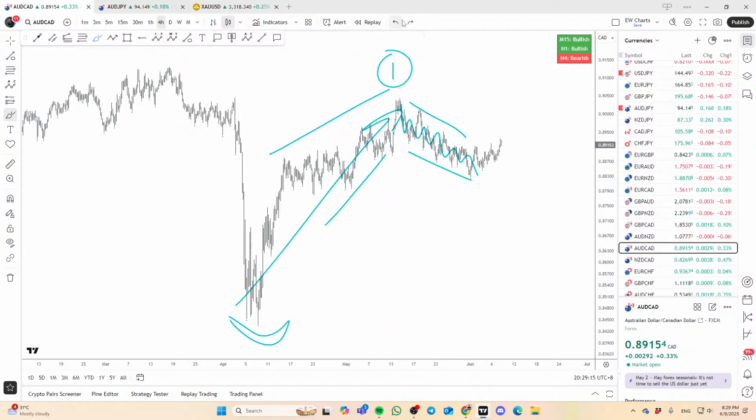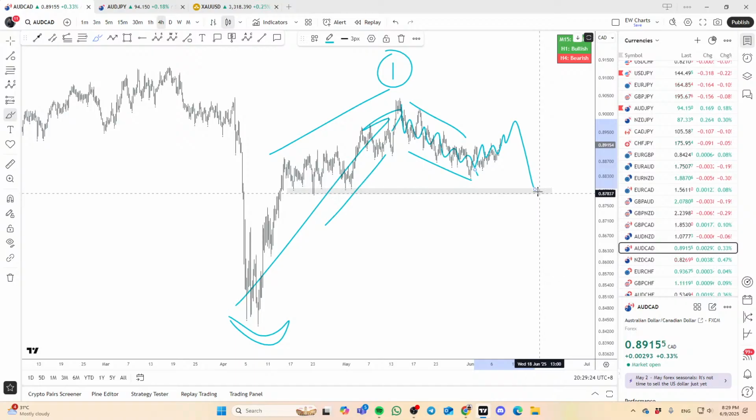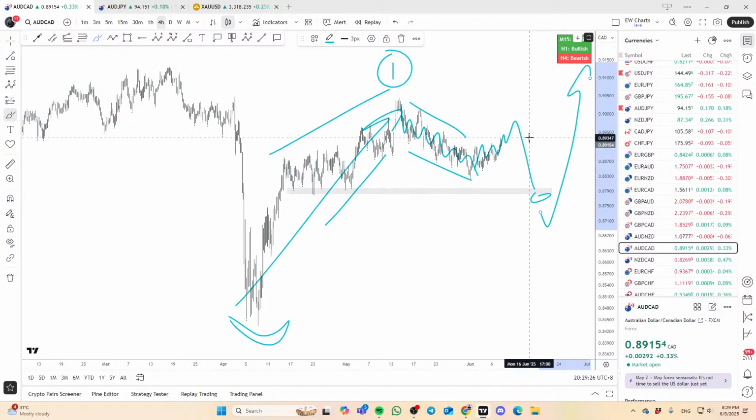Probably not. I would expect this low to be tested, which means something sort of like that. And then maybe from here, that's where we get the next move up. Because this is corrective, this seems corrective as well, so we expect one more drop. Three-wave expectation again.